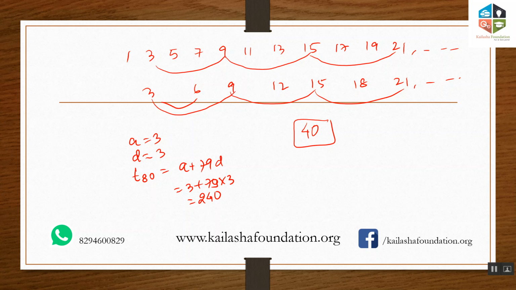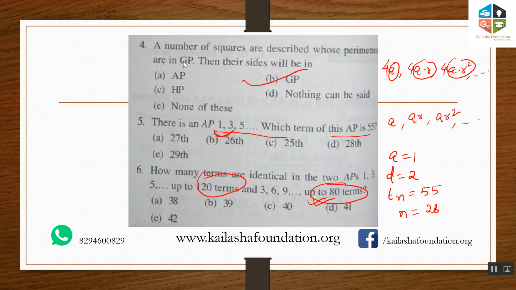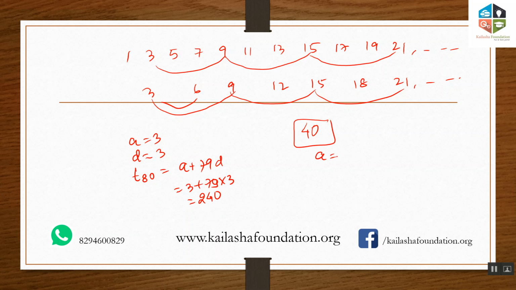Now in the first sequence we have 120 terms. A is equal to 1, D is equal to 2, and T120 is equal to A plus 119D, 1 plus 119 into 2, that is 238 plus 1, that is 239. So it is higher than 240, so we have to keep ourselves behind 240.